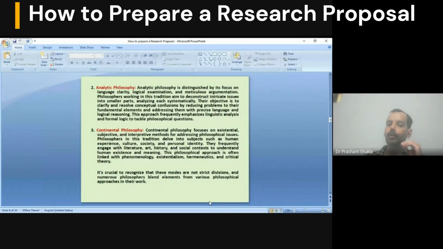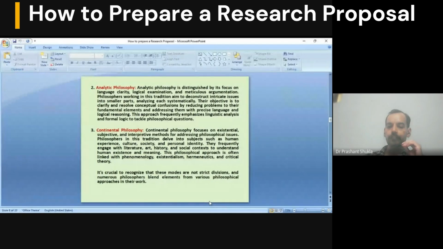The third one is continental philosophy. Of course, we all know. We can go to hermeneutics, we can go to phenomenology, we can go to existentialism, even feminism, or any other such related issue. So continental philosophy focuses on existential, subjective, and interpretive methods for addressing philosophical issues.